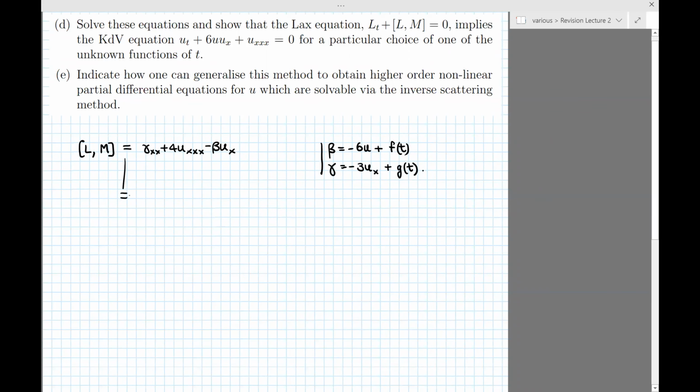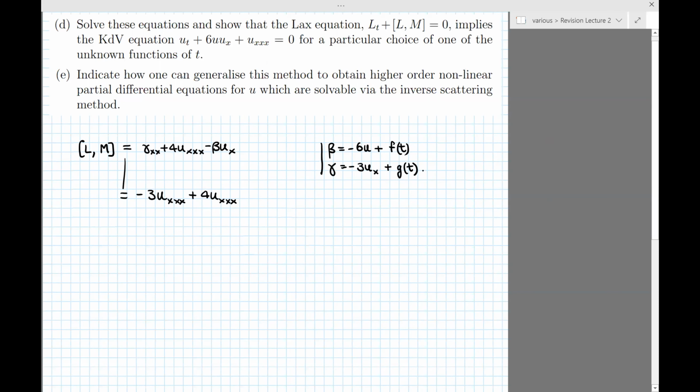So first we have gamma xx, that's minus 3uxxx. Then when we differentiate g of t with respect to x, we get 0. So next term is plus 4uxxx. And the final term is minus beta times ux.